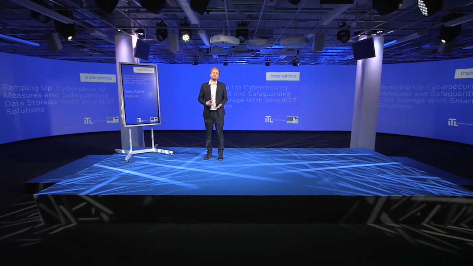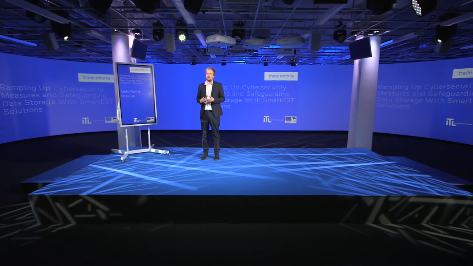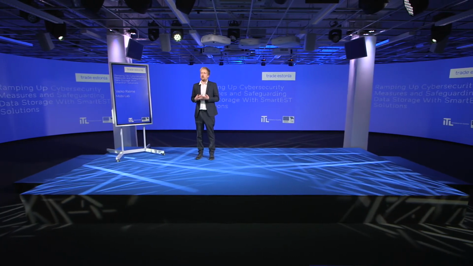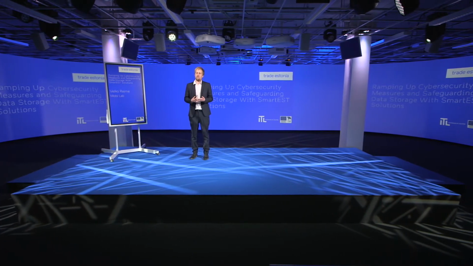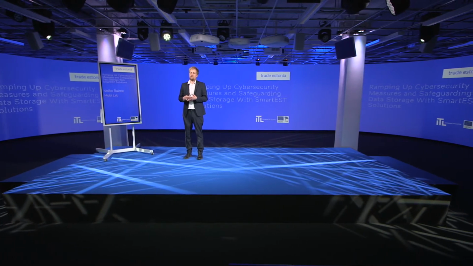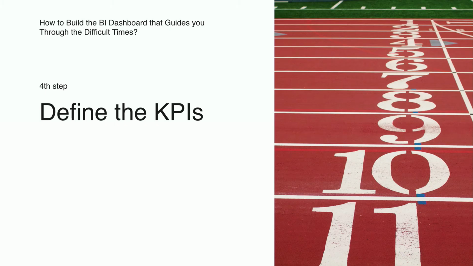Once you have the data in one place, it's time to think about the KPIs or the metrics or the speed or whatever you need to see in your dashboard. In the current situation with the virus, I've seen that new questions pop up that I need to measure. For example, the question, how long is my runway? So if my revenue is reduced 50%, maybe to 0 in some cases, I need to know how much cash I have.